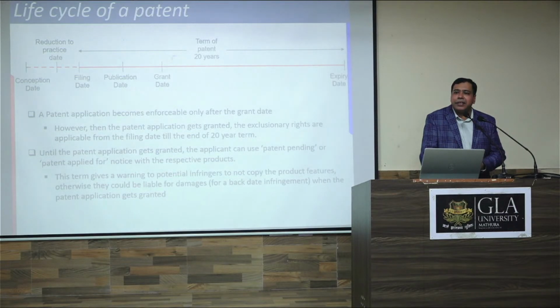You can always say "patent pending" when you file an application, but all the legal rights start applying once the grant happens. Although you could go back to the day it was filed and take the benefits, the day you file it, you can't tell somebody else that they can't manufacture it. You can say that only once the patent gets granted.